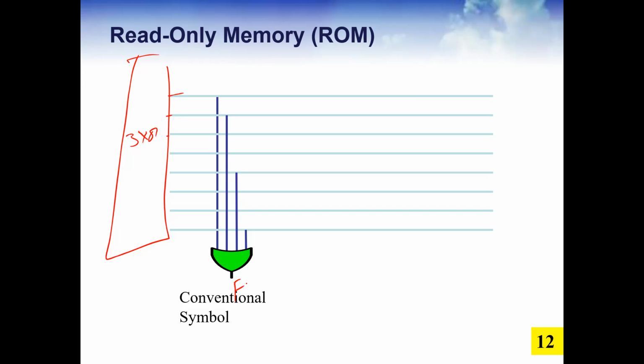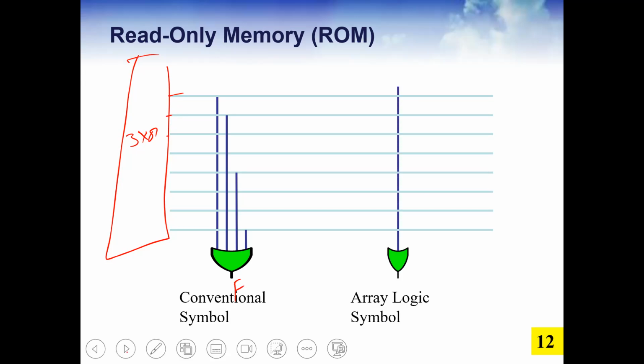But if we use array logic, these things become very simple, because we will be using a single line. I told you why we use array logic: so that we can represent the complex internal structure of the memory in a simplified way, without a lot of wires, by using array logic symbology.